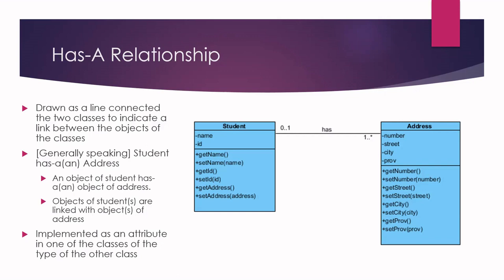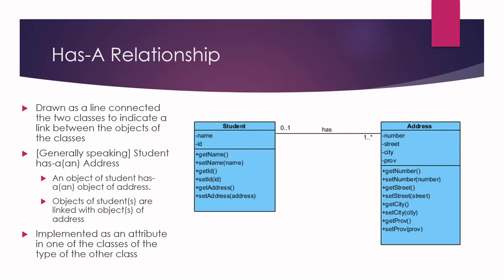Instead of saying a course has students, it's better to say students are enrolled in a course. It's still under the has-a category and still called association, but the name on the diagram makes it easier to understand what you intend from the relationship.